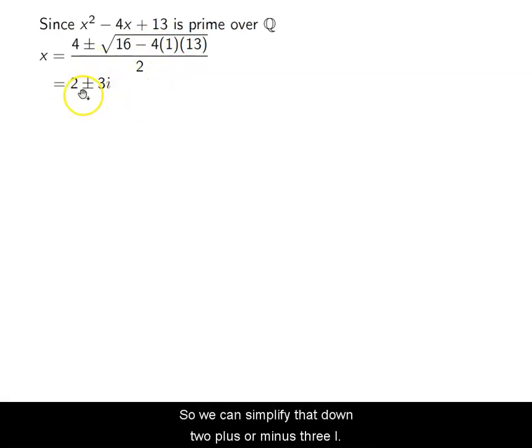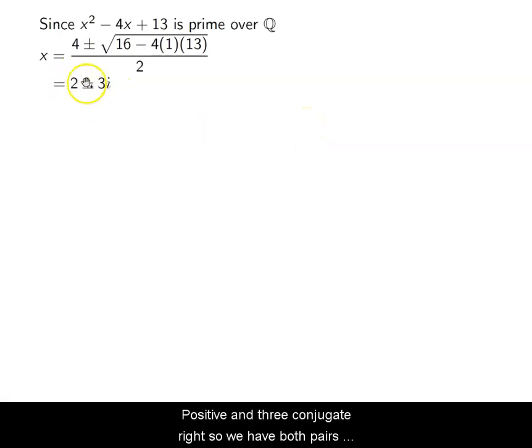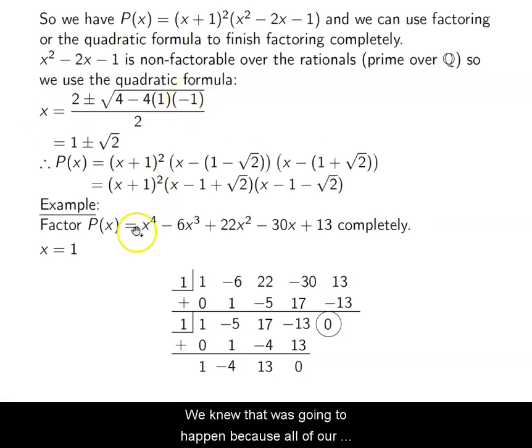So we can simplify that down to plus or minus 6i over 2, which is plus or minus 3i, okay? You can do the little side work as you need to verify. So we have, again, the positive and the conjugate of it, right? So we have both pairs here. And again, we knew that was going to happen because all of our coefficients were real values, right?